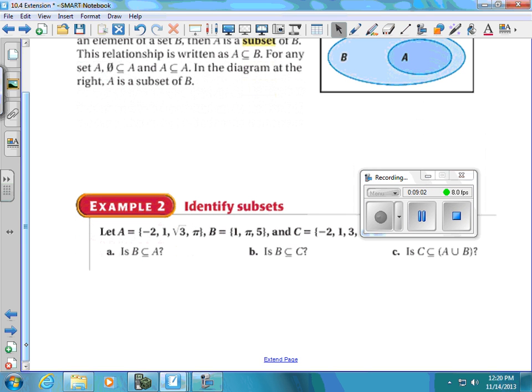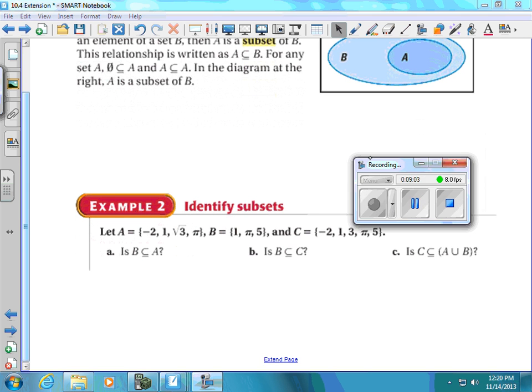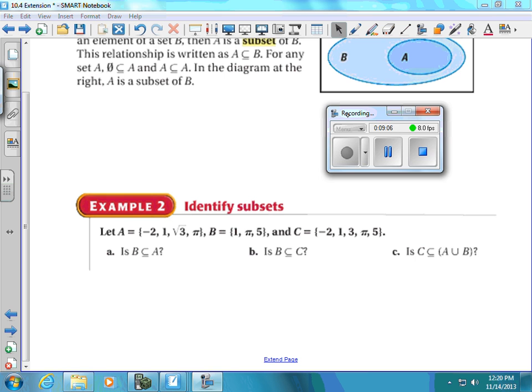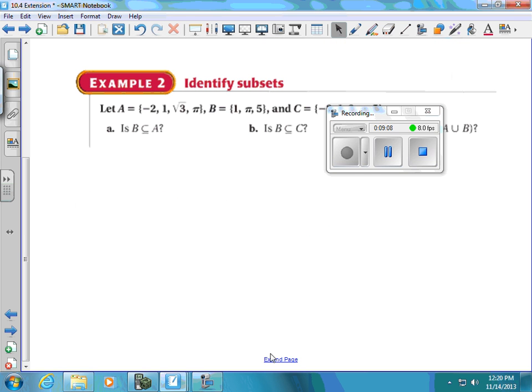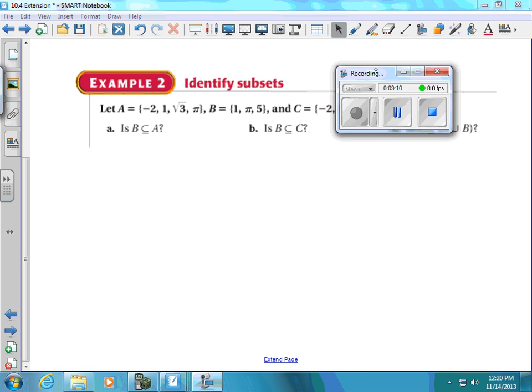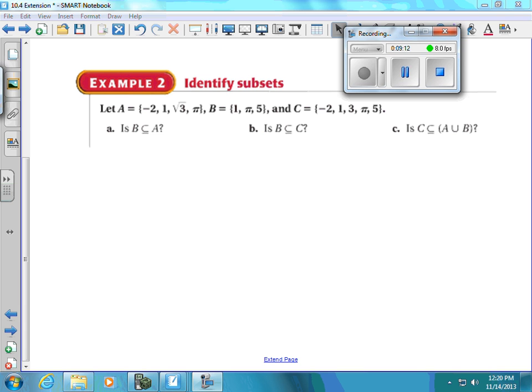Let's do it with some number examples down here. Let A equal -2, 1, square root of 3, pi. B is 1, pi, 5. C is -2, 1, 3, pi, 5. Is B a subset of A? So in order for B to be a subset of A, everything in B has to also be in A. So let's look at this.